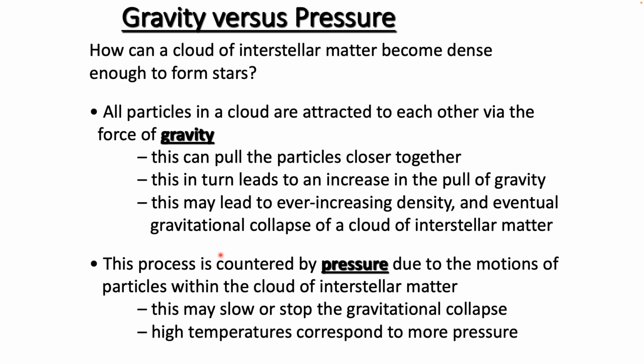So let me draw this. Let's say you have a gravitational cloud like this, because of the gravity, everything will pull towards the central region. So once everything is pulled toward the central region, this molecular cloud will become more and more condensed.